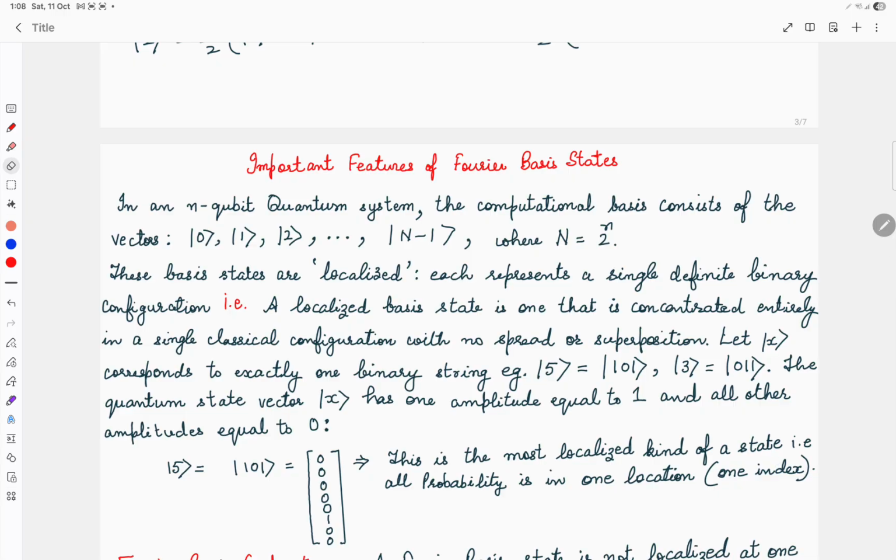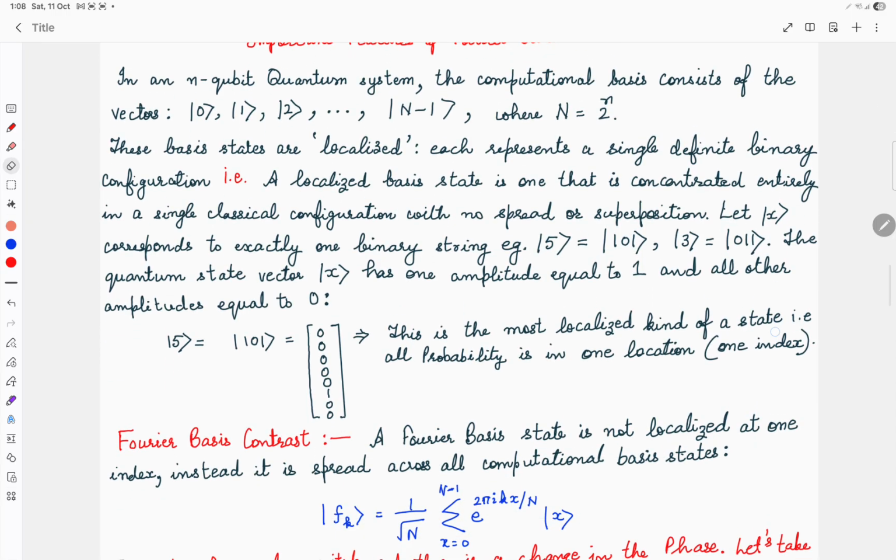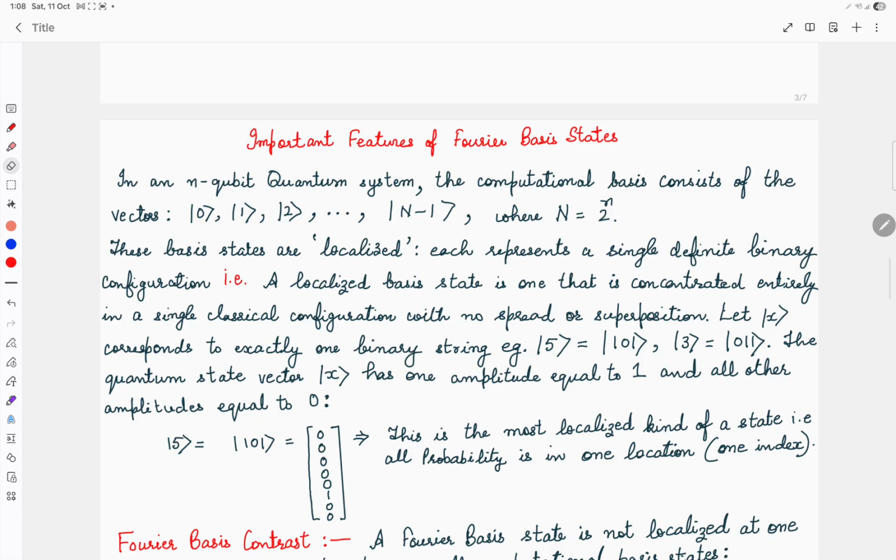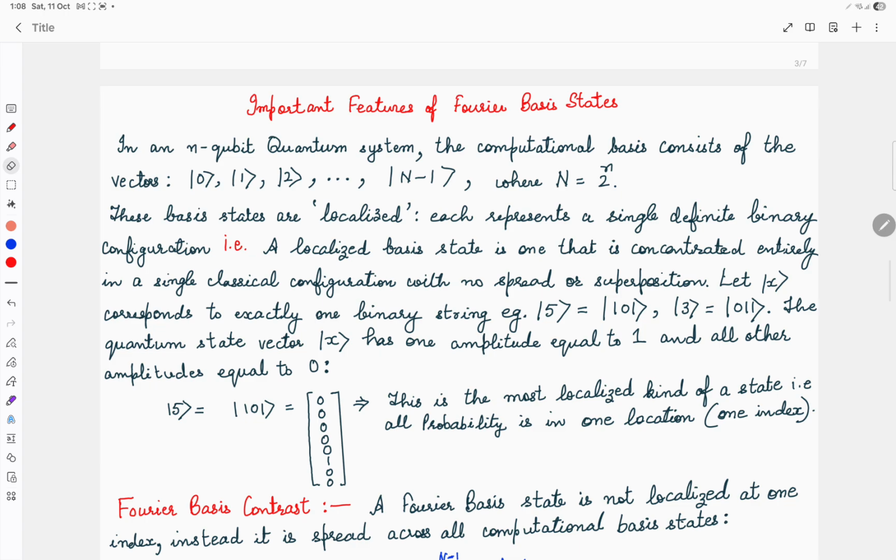What is the meaning of phase gradients? I will try to dive deep into the Fourier basis states. Let us have an even deeper understanding of the Fourier basis, because this is very important to ultimately understand the quantum Fourier transform algorithm, which is used in most of the quantum algorithms that are being researched, or that people are working on.